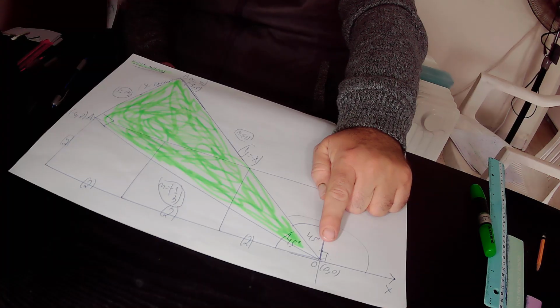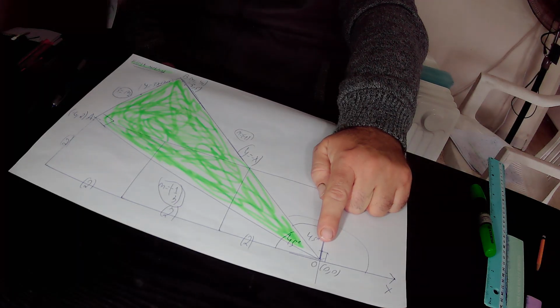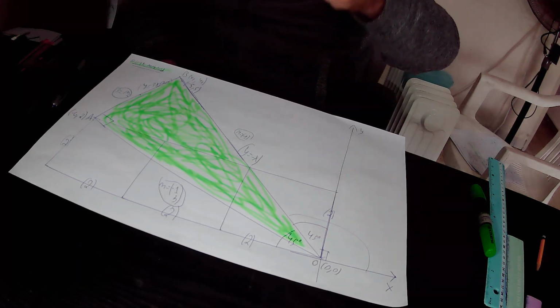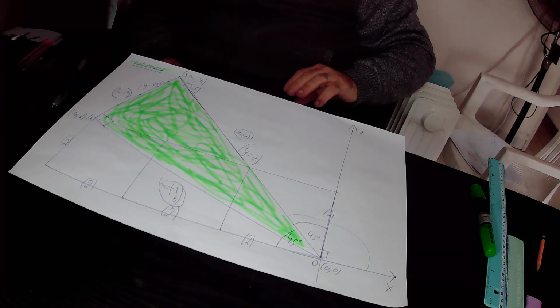And if you have the coordinates of one point of a straight line and also the slope of the straight line, you can easily find out the equation of the straight line according to the following formula.